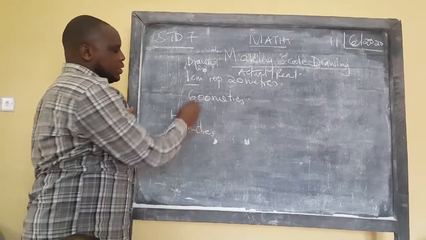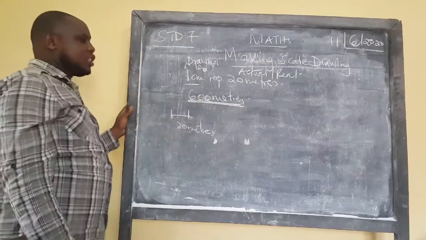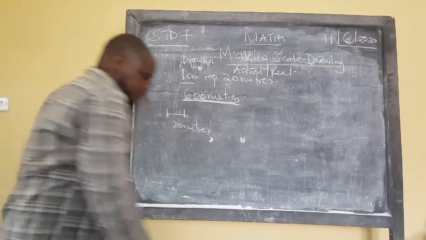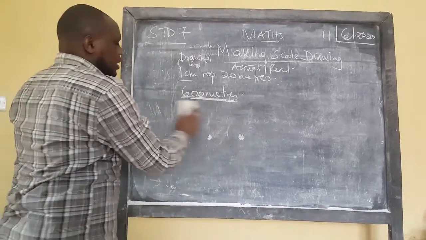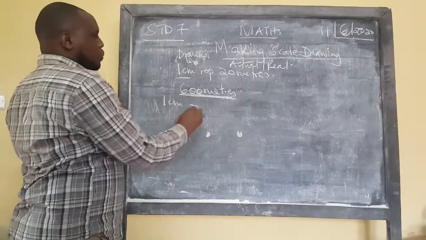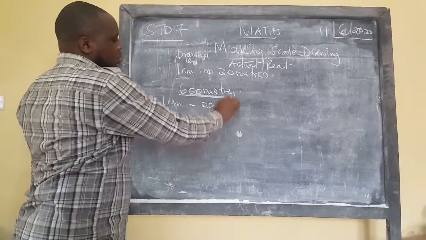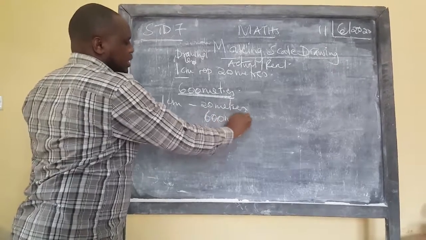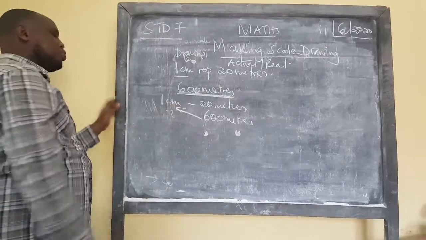So you are required to draw a number of centimeters that will represent 600 meters. If 1 centimeter is to represent 20 meters, 600 meters will be represented by how many centimeters? Because that is what we are going to draw.